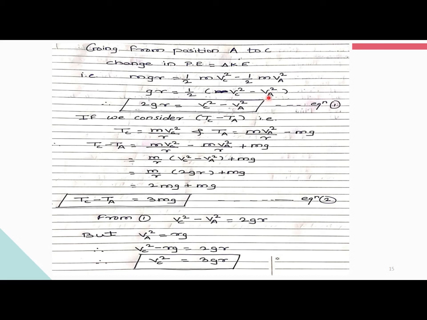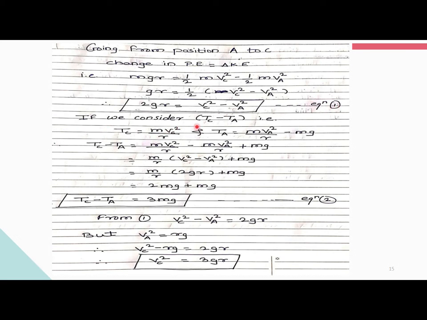Here, if we take m common from this term and m from this term, these get cancelled. Then we can write this as twice gr is equal to Vc square minus Va square, equation number 1.